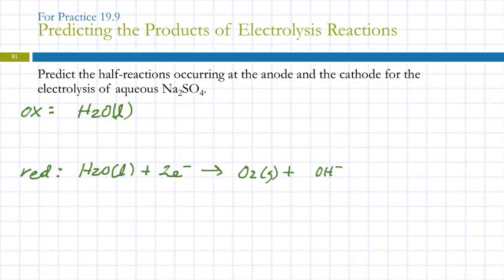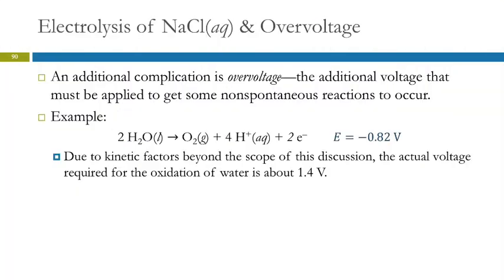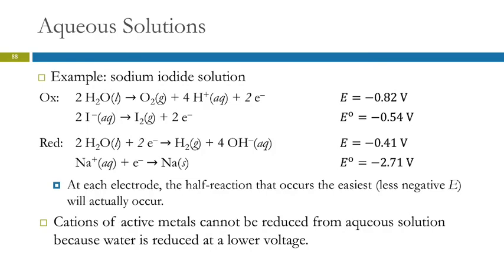I can't remember the potentials. No, we're getting hydrogen ions. Nope, that's the other one, never mind. These are the guys we need. So reduction, we're getting hydrogen and 4 hydroxides, and that's minus 0.41.